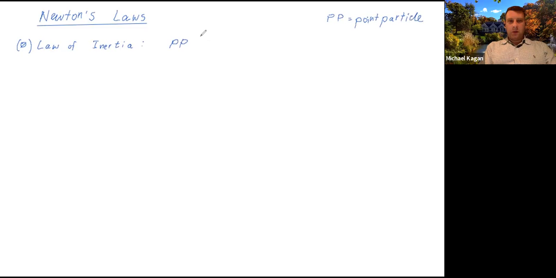Okay, so a point particle will move at constant velocity vector, typically people add this phrase, I'm going to add that too, but in parentheses, or remain at rest, if not acted upon by forces, or all forces are balanced.